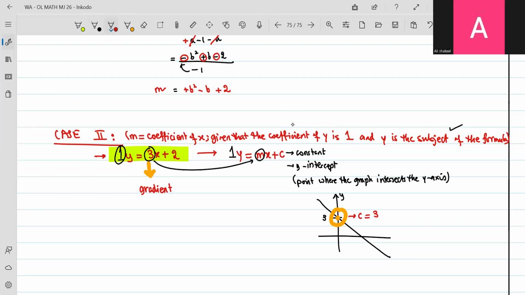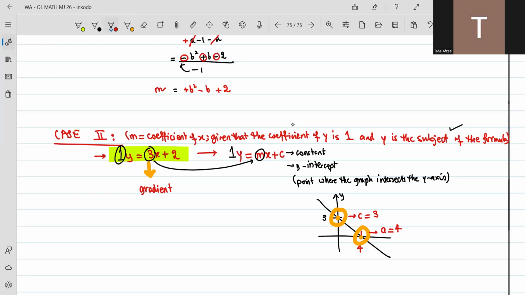So C is 3. And this point here, let's say is 4. This point here is going to be your x-intercept, and you represent x-intercepts with A. Sorry, A is 4. Sorry, my bad.